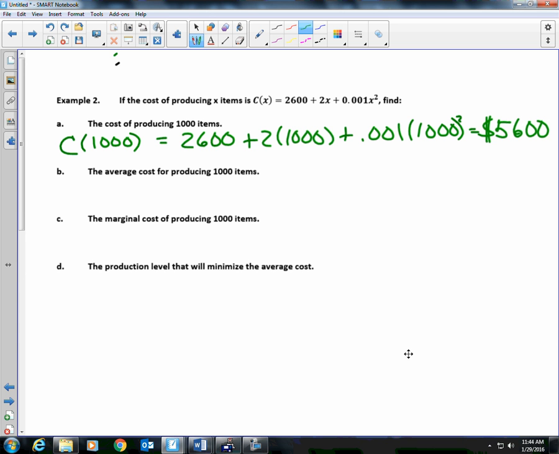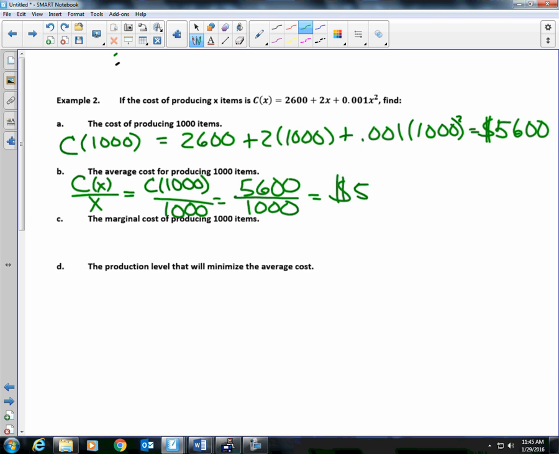How do you calculate average cost? Yes, take the cost of x items and divide it by x, or the cost of 1,000 items divided by 1,000 items, which is the same as 5,600 divided by 1,000, which is $5.60.